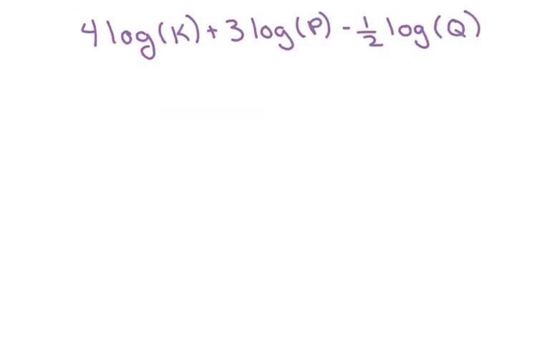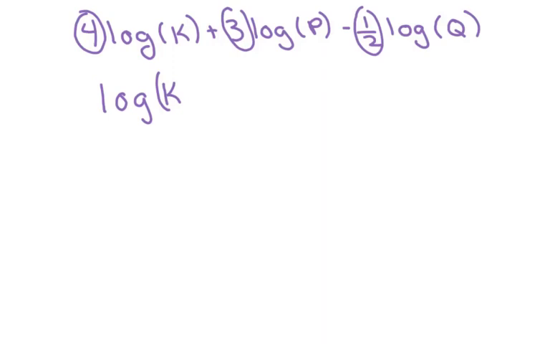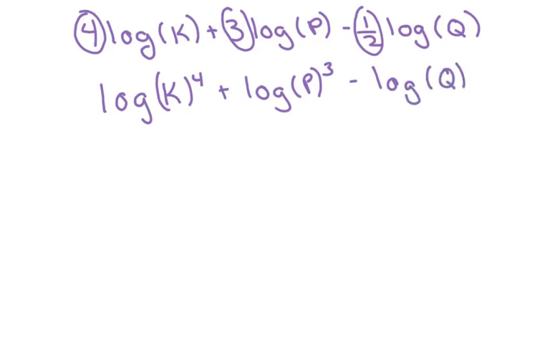This one, the first thing I'm going to do is do the power property and move these numbers as a power. And I'm going to do that first. So it's log of k to the 4th plus log of p to the 3rd minus log of q to the 1/2, which is basically the square root of q.